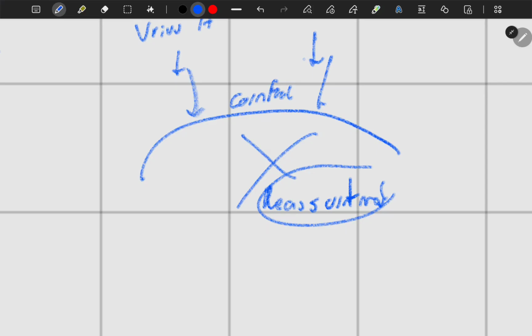Reassortment is more likely to occur in crowded environments where different strains from multiple host species can meet, for example pigs and chickens in wet markets.